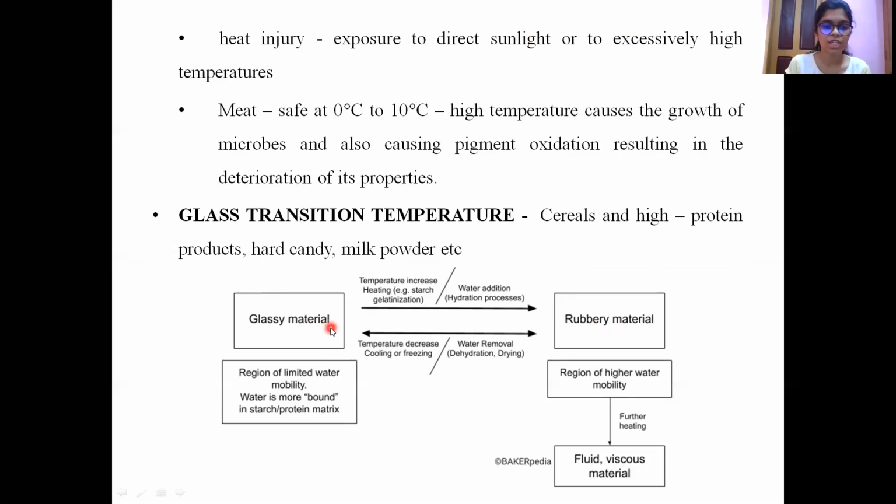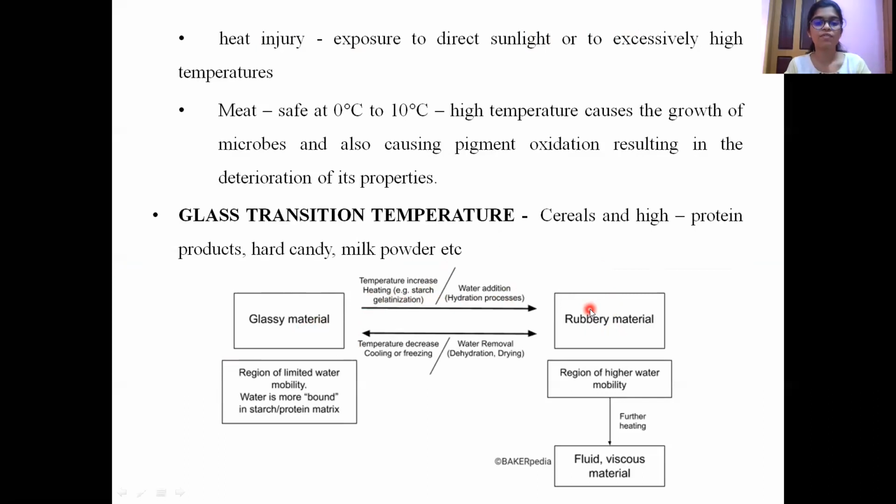When the product has its temperature below its glass transition temperature, the product remains in a glassy state. But when the temperature increases, either due to heating or other external factors, or when water is added to this glassy system, it converts to a rubbery system.